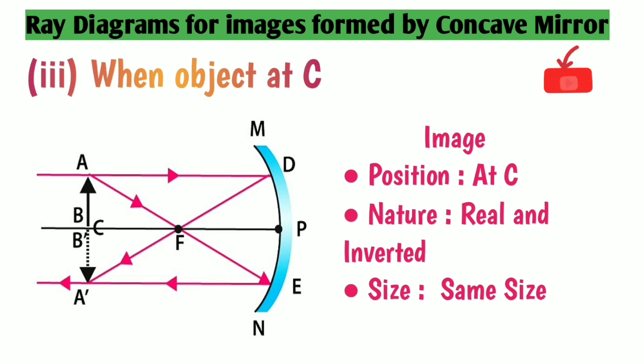So they meet at the point A dash. Here A dash B dash is the image of the object AB, which is the same size as the object, and both are placed at the center of curvature. Size same, position same, and the nature is real and inverted.